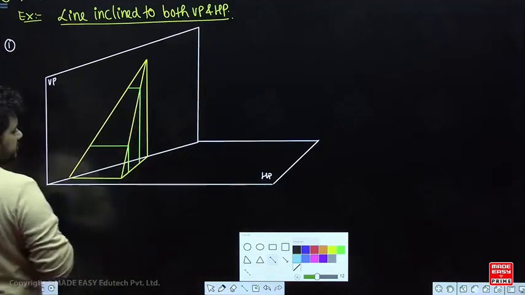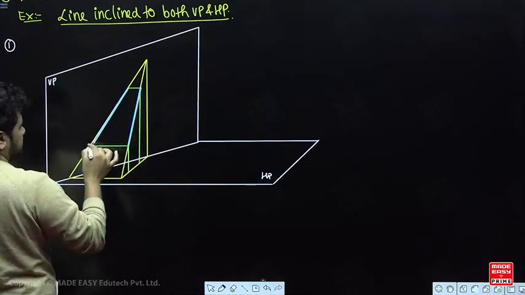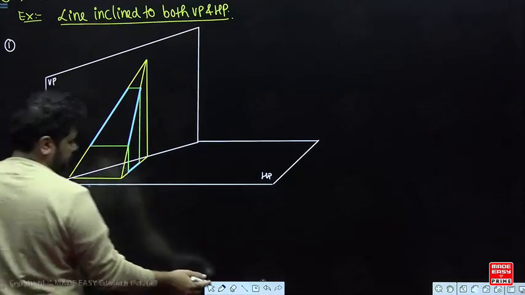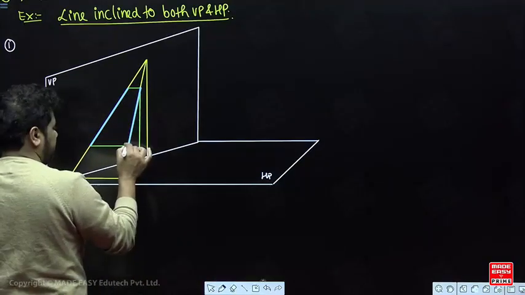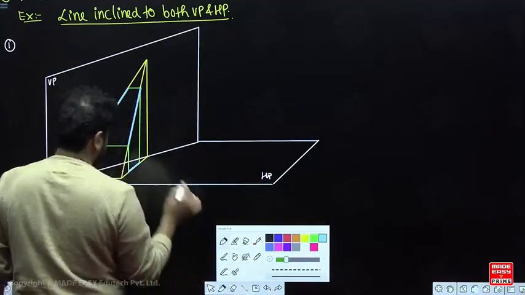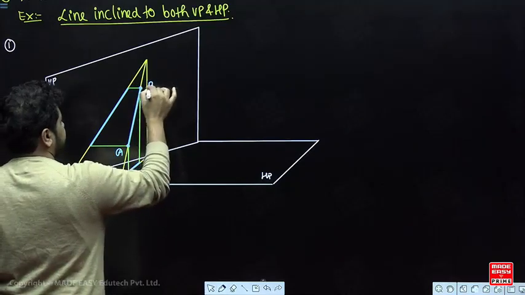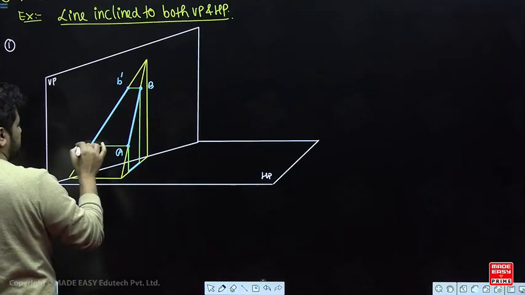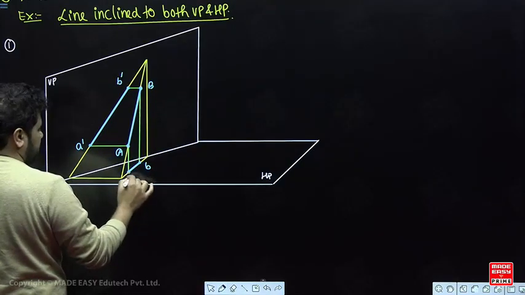Now what you have to do is, make it dark, a little darker, this portion. Correct. So let me name this point as A. This point is A, this point is B. Correct. So projection of this point will be here. So this is B dash and this is your A dash. Now projection of this B will be here, B, this is your A, isn't it?